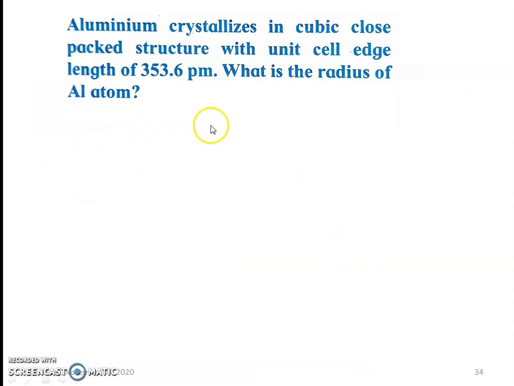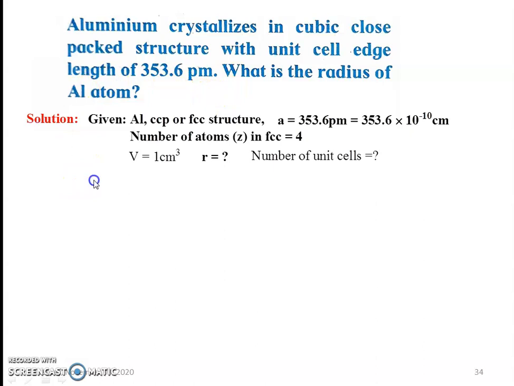Now the next problem: aluminium crystallizes in cubic close packed structure with unit cell edge length 353.6 picometer. What is the radius of aluminium atom? Again, what is given?